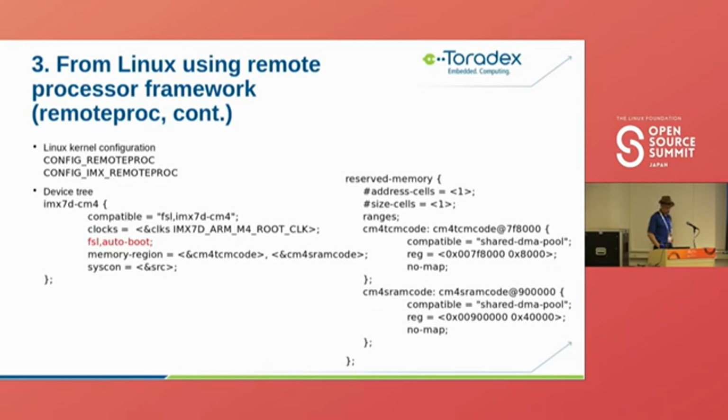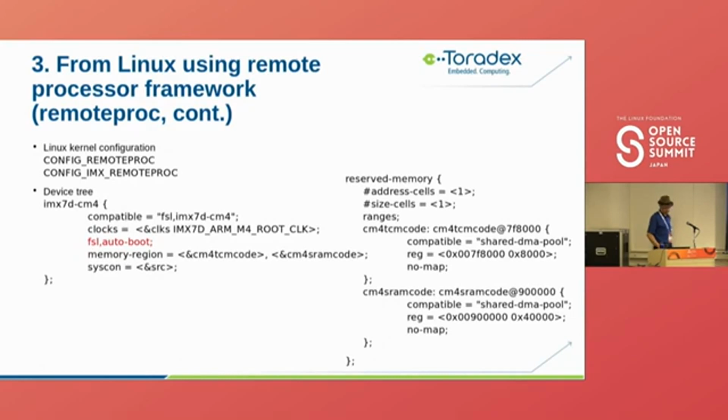There is also a special property called fsl,auto-boot that will basically, immediately when you boot Linux, also boot your M4 core via Remoteproc. Then you can give it some memory regions, for example for your code and for the SRAM.